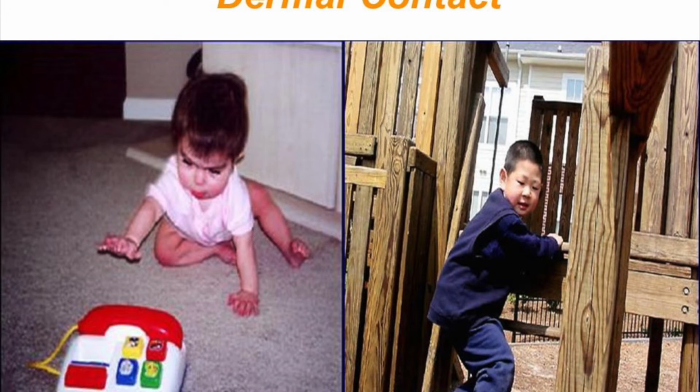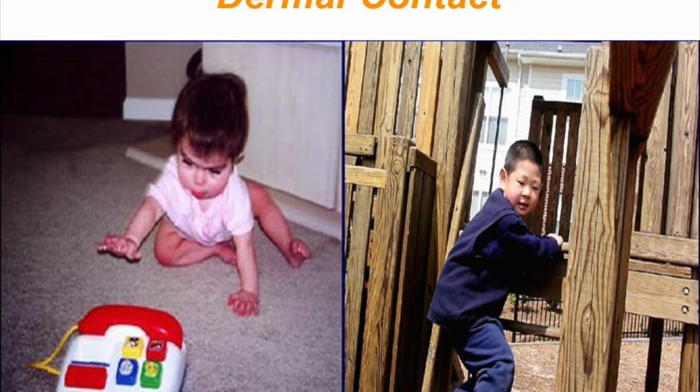On slide 8, we see a possible exposure pathway for kids, in this case 2 different kids. On the left is a small girl, a toddler, trying to reach a toy on a carpet, but we don't know exactly what's on the carpet, and the kid is crawling on it, getting stuff on her hands, and then subsequently to her mouth during hand-to-mouth activities.